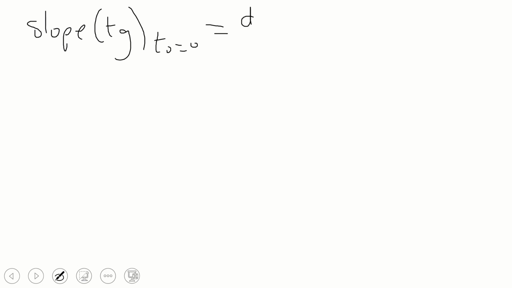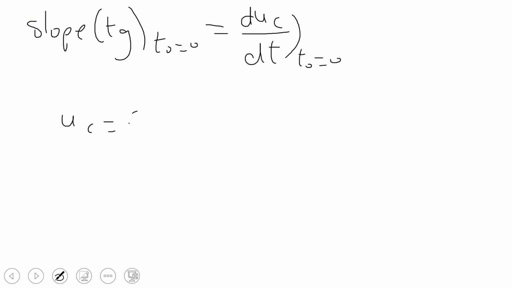So we know that the slope of the tangent at T0 equals 0 equals the derivative of the function UC as a function of time at the instant T0 equals 0.